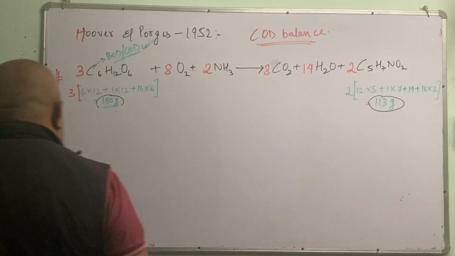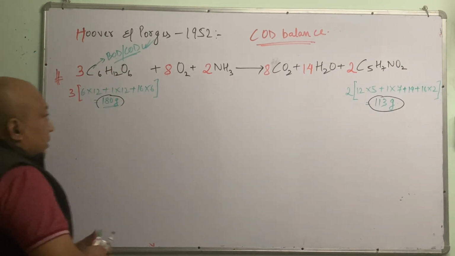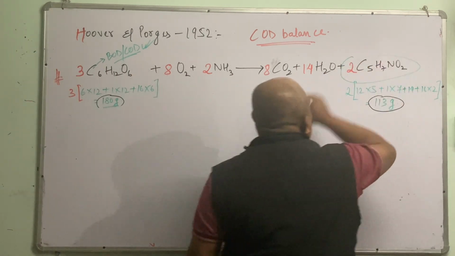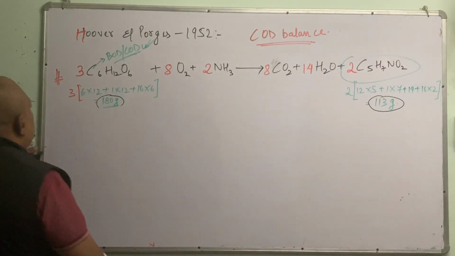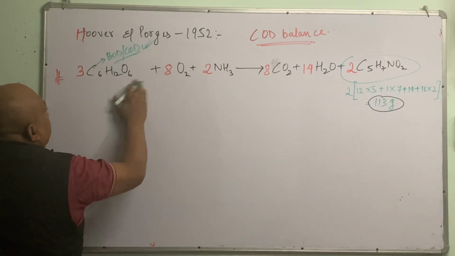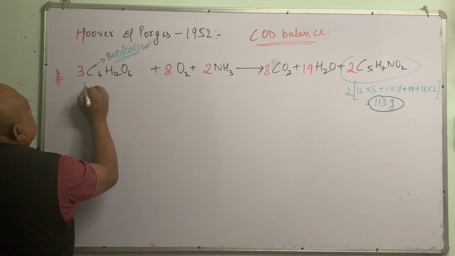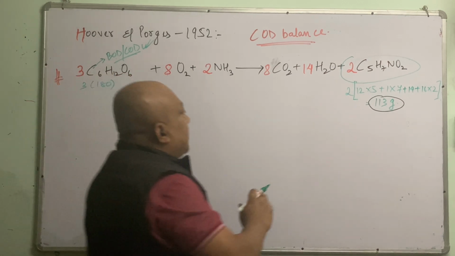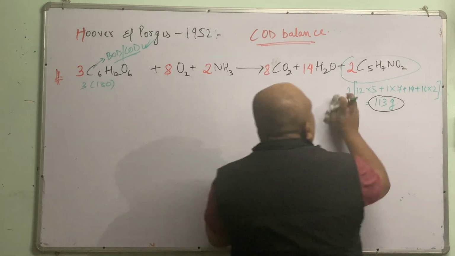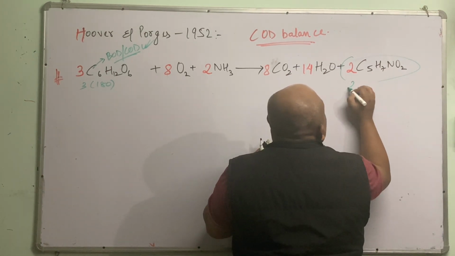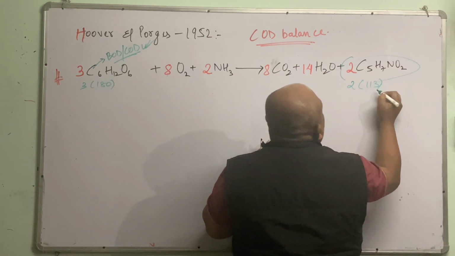Now I'll give you another example. Biomass. I'll rub this part and say this is 3 into 180. Okay. I'll rub this part, 113, 2 into 1.3.